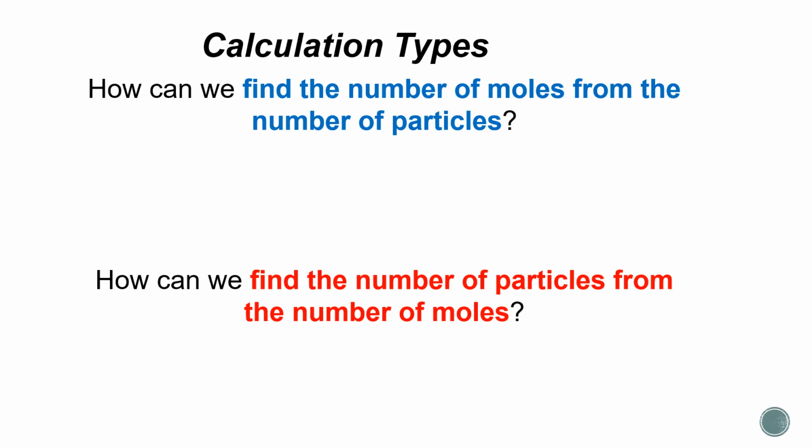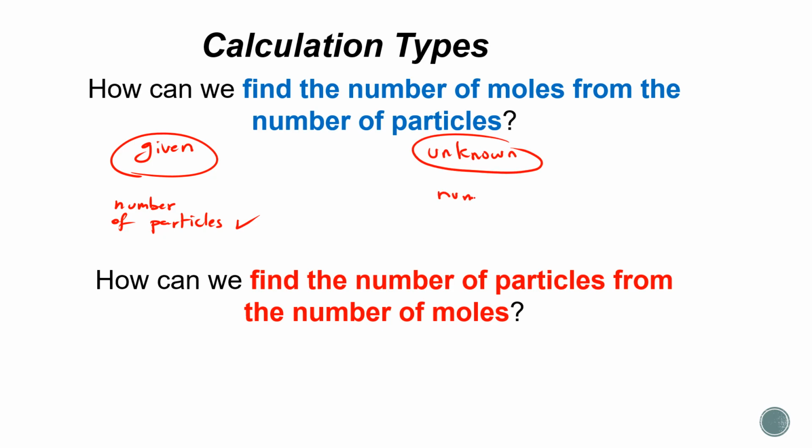What are the main calculation types here؟ شو هم المسائل اللي راح تجينا تسألنا أو أنواع المسائل. First, how can we find the number of moles from the number of particles? So given is the number of particles, and unknown is the number of moles.